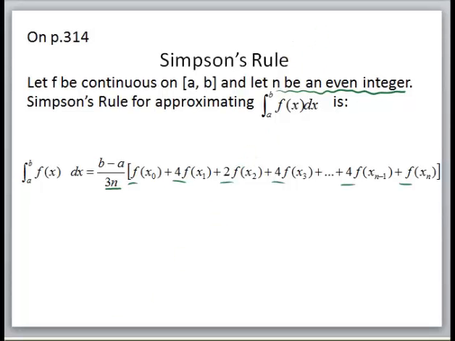Okay, so what I'm going to do is I'm actually going to compute this same problem I just did with the trapezoidal rule with Simpson's rule, and you're really going to see very, very little difference in the answers. Simpson's rule just gives a little bit better approximation than the trapezoidal rule, but that makes the trapezoidal rule basically just about as good.